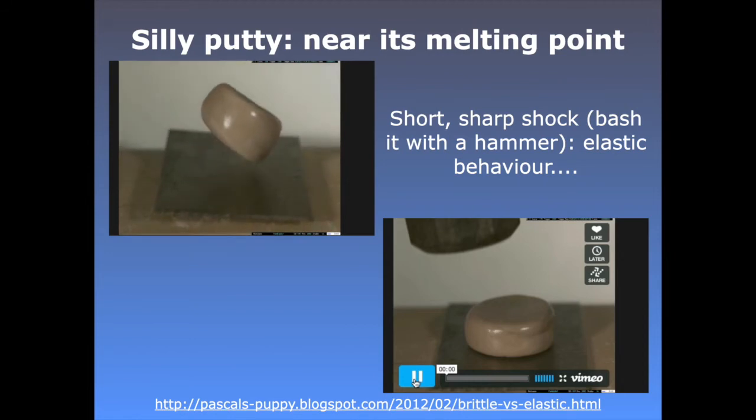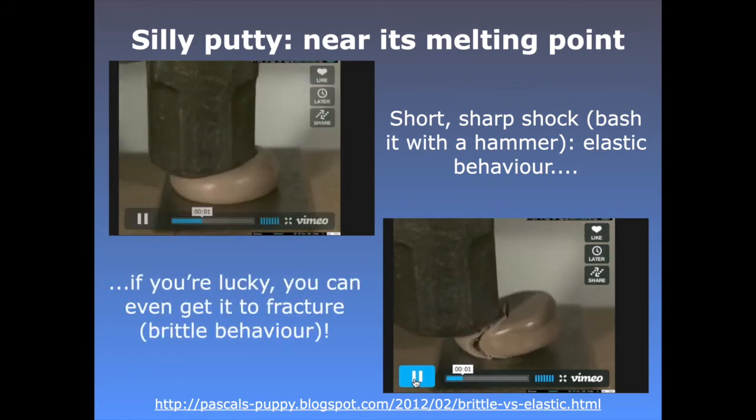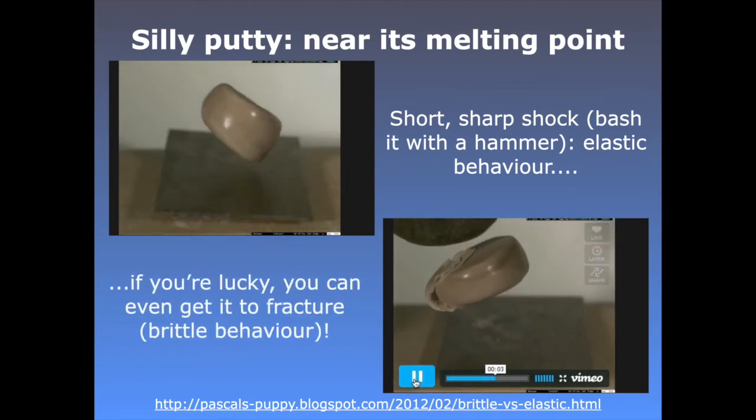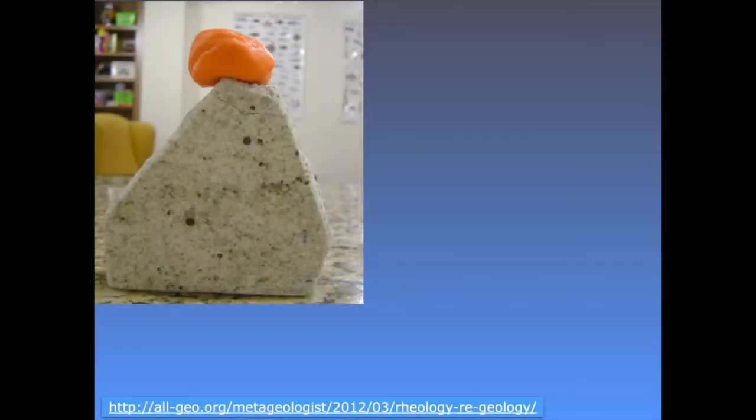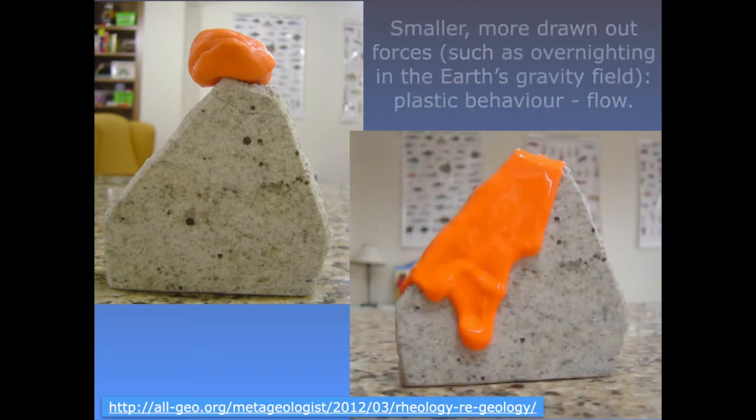If the force is strong enough, they can even fracture. However, a weak force applied over a long time, such as gravity, over several hours in the case of this silly putty, and thermal buoyancy forces over tens of thousands or even millions of years in the case of mantle rocks in the asthenosphere, will generate very different results.